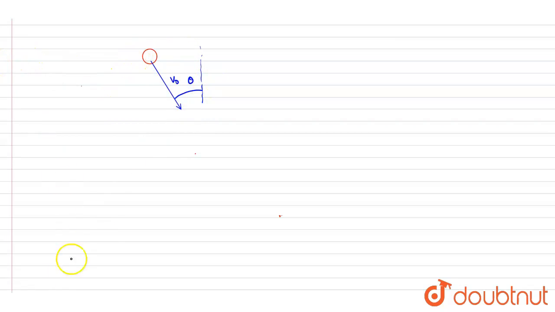So I will write down the vertical component of the velocity is v0 cos 60. Here theta is 60 degrees. Now this velocity is v0 sin theta. Put the value of theta, it is 60, so this will be root 3 by 2 v0, and this will be v0 by 2.